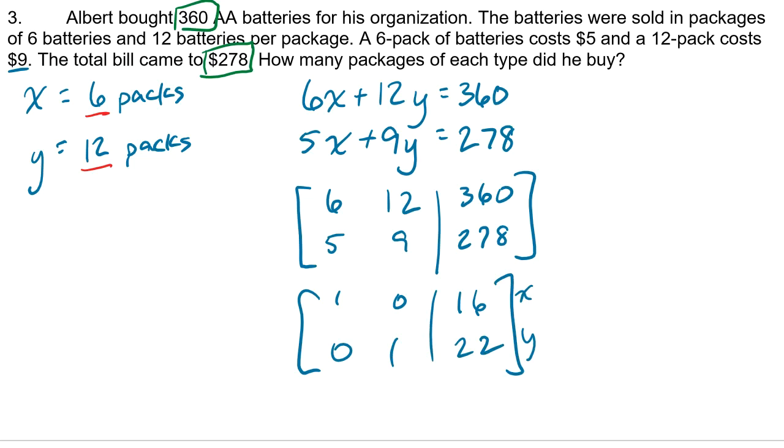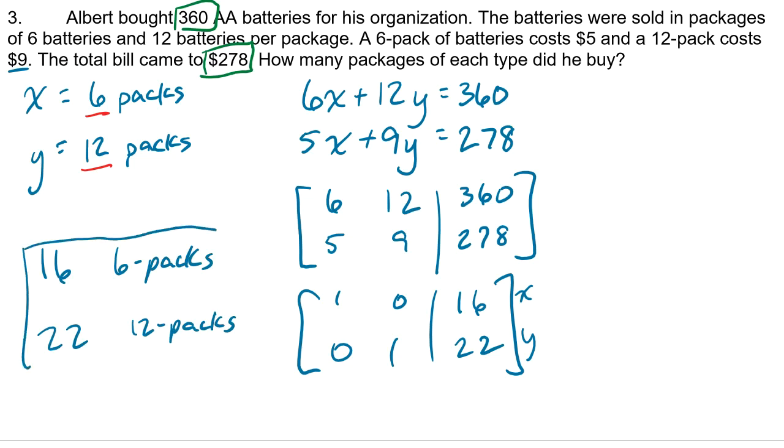So we know this is our x and our y. So our final answer is going to be 16 6-packs and 22 12-packs. That's how many of each pack he bought.